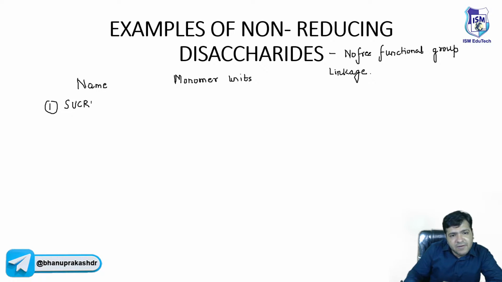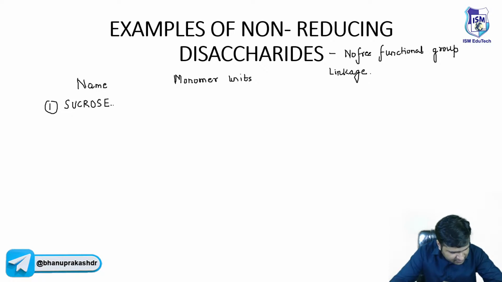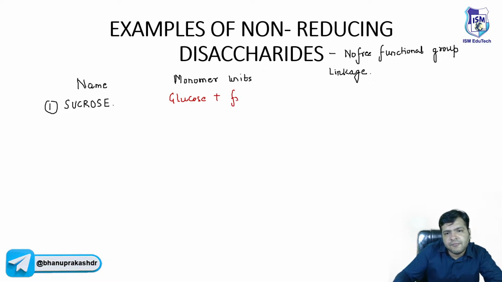sucrose. Can anyone tell me in the chat box what are the monomer units of sucrose? Yes, very good. It is glucose plus fructose. And remember, beta, over here the linkage will be different.